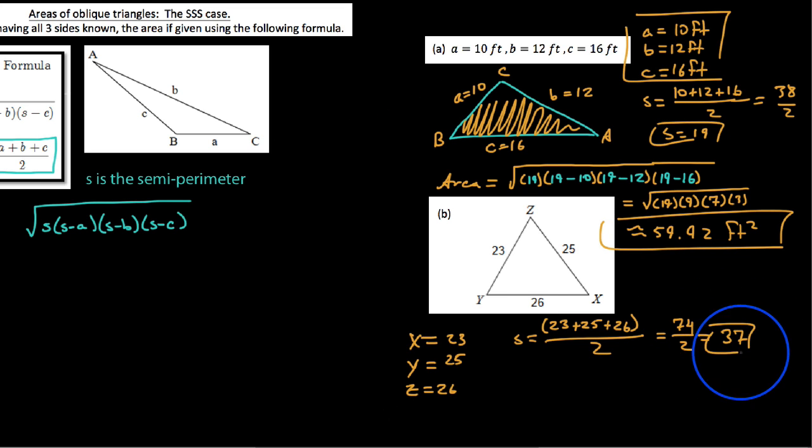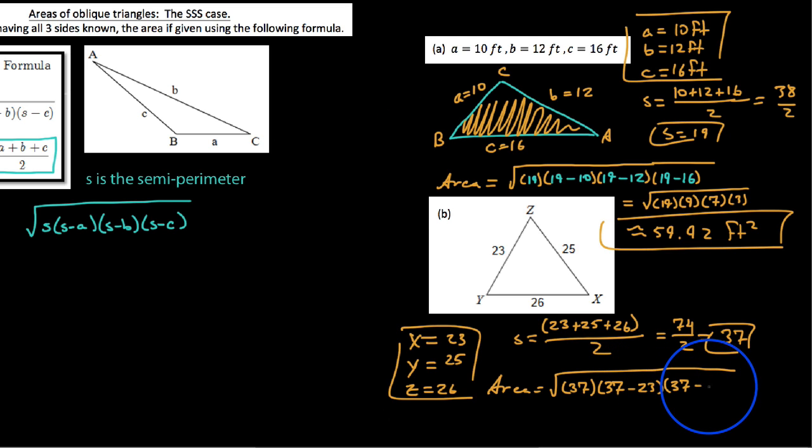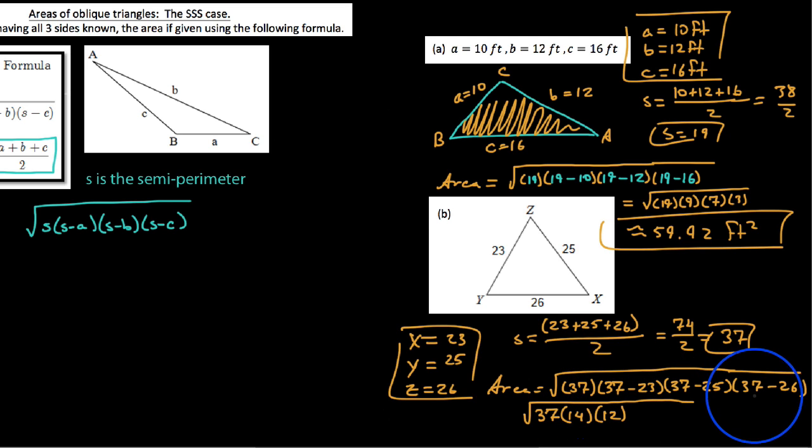With our semi-perimeter and these three side measurements, the area is the square root of 37 times 37 minus 23, 37 minus 25, and 37 minus 26. Cleaning this up, 37 minus 23 is 14, 37 minus 25 is 12, and 37 minus 26 is 11.